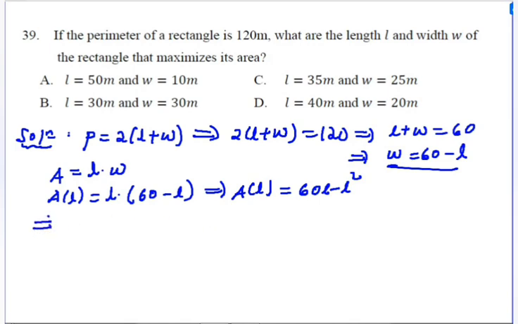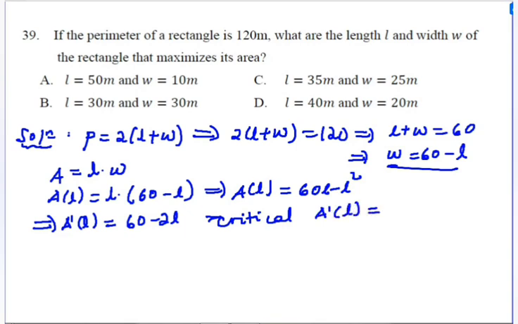So we need to apply the concept of derivative to get the required dimension. Calculate the derivative of area with respect to length. That means the derivative becomes 60 minus 2L. Now to obtain the critical point, set the derivative of the area equal to 0. So 60 minus 2L equals 0.